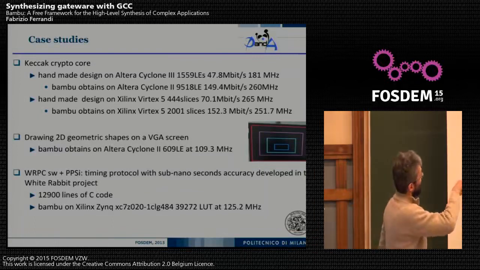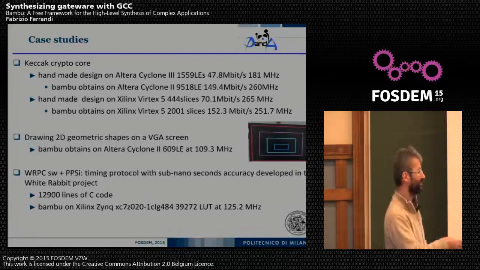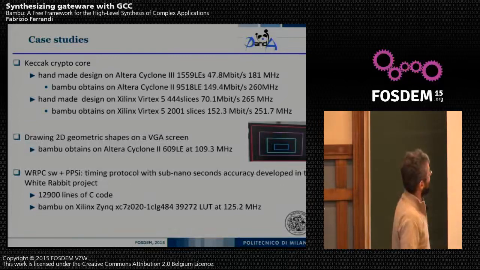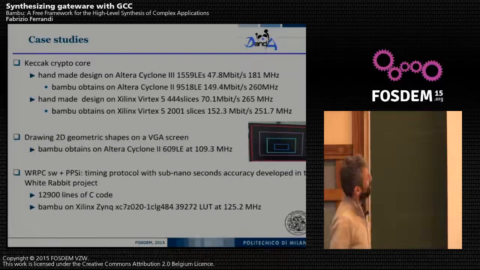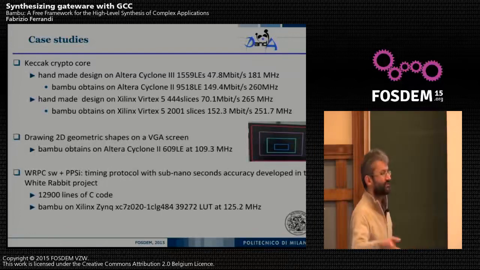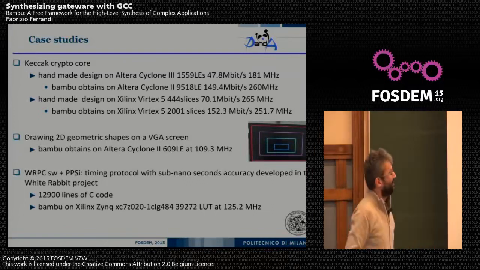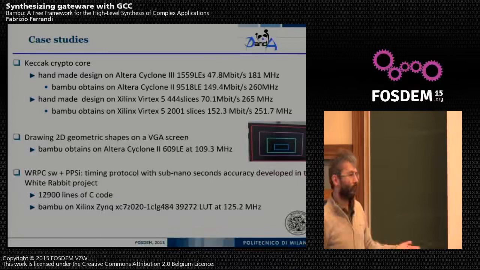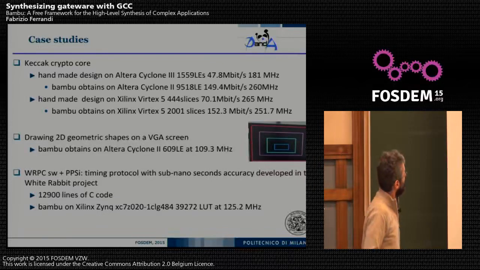Obviously, controlling the C is easier than starting to write the VHDL. So that was passed to Bambu, the tool we developed, and we are able to obtain better performance while losing some area. I mean, if you look at the lookup tables, it's not so comparable in terms of area, but in terms of performance, it's not so bad.